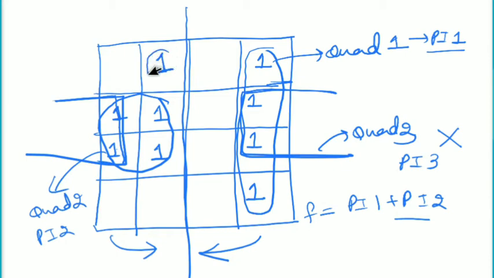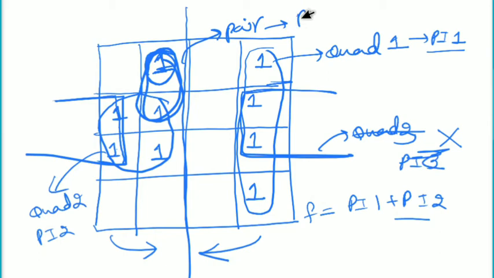If there is any possibility, you need to group this one with the possible adjacent cell. So if you have a 1 here, the possibility is this one. Like this you can make a pair. So instead of this quad 3, you will get a pair which is prime implicant 3. Then you need to include that in the final expression.